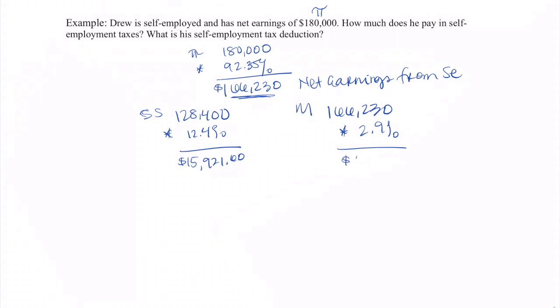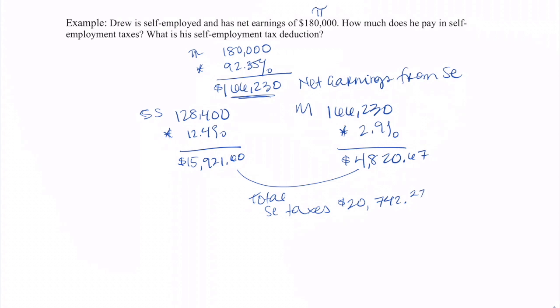So that gives us total Medicare of $4,820.67. The sum of these two are total SE taxes, $20,742.27.